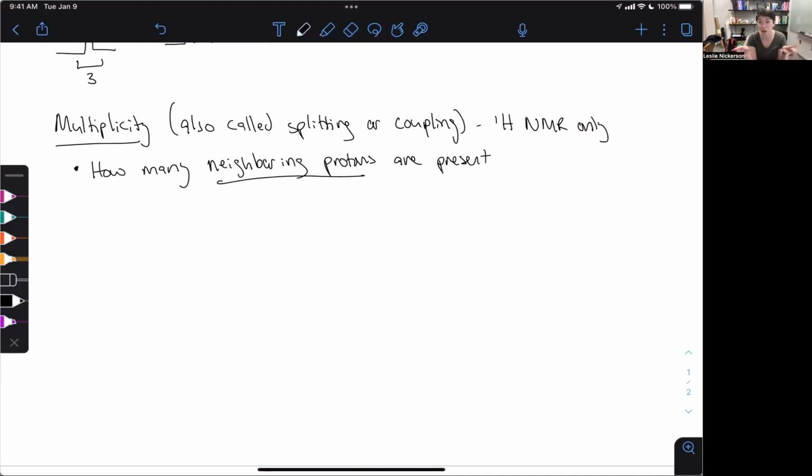It has nothing to do with the protons actually making the peak. Okay, it only has to do with the neighbors that are nearby. So neighboring is going to be the H's on adjacent carbon atoms.